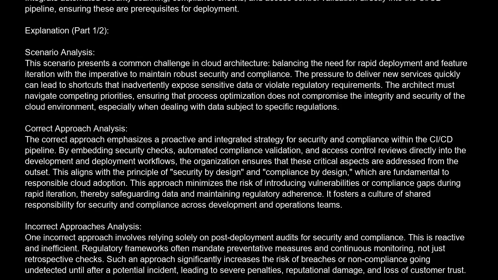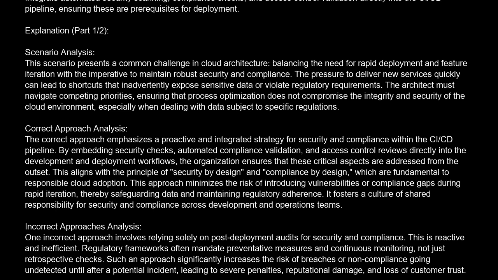The correct answer is A. Integrate automated security scanning, compliance checks, and access control validation directly into the CI/CD pipeline, ensuring these are prerequisites for deployment. Explanation. Scenario analysis. This scenario presents a common challenge in cloud architecture, balancing the need for rapid deployment and feature iteration with the imperative to maintain robust security and compliance.